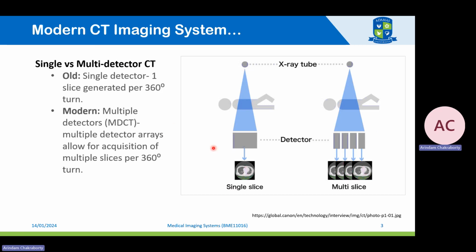Therefore, the first and most important advantage is that the single detector array has lesser surface area coverage, while the multiple detector based CT has wider area coverage, which again causes less radiation dose because the scan time can be reduced.